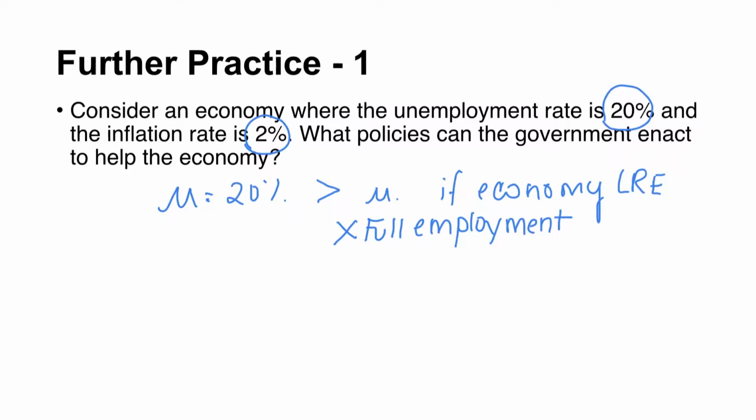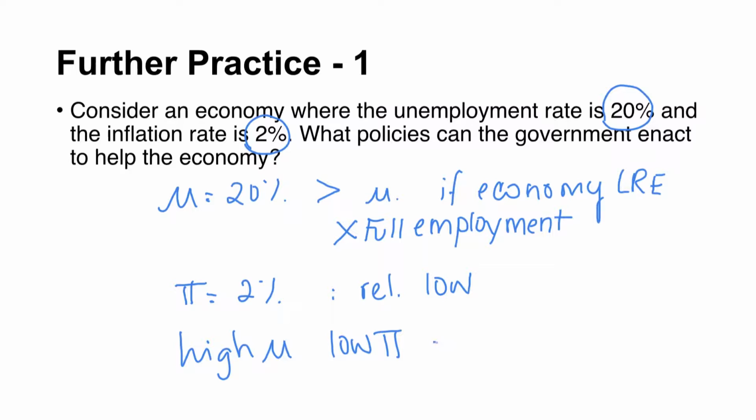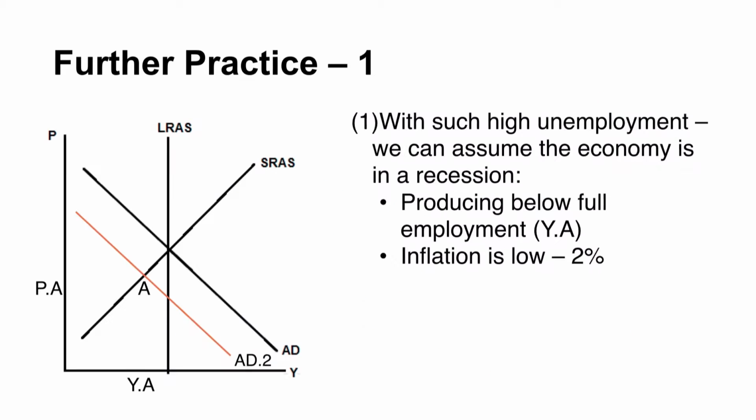With the inflation rate at about 2%, inflation is relatively low. So with relatively high unemployment and low inflation, we see that perhaps the economy is in a recession. Let's see what that looks like in our model.